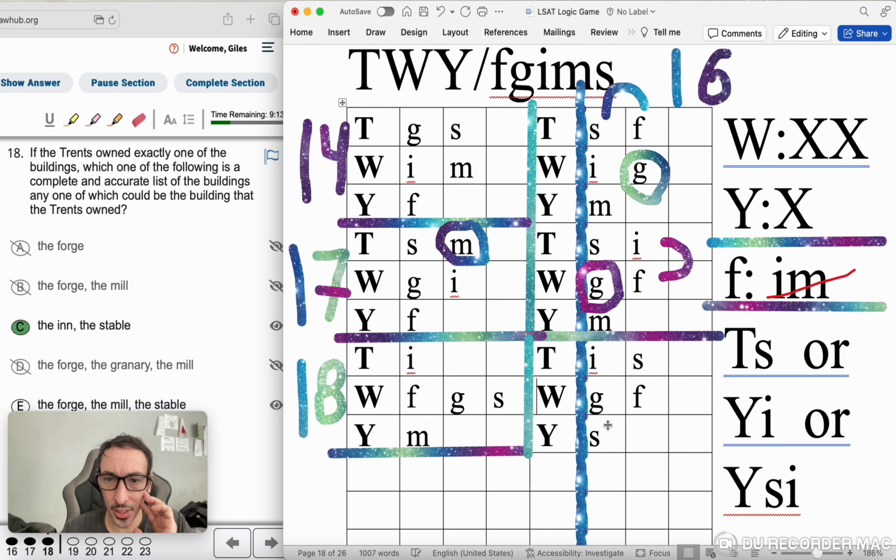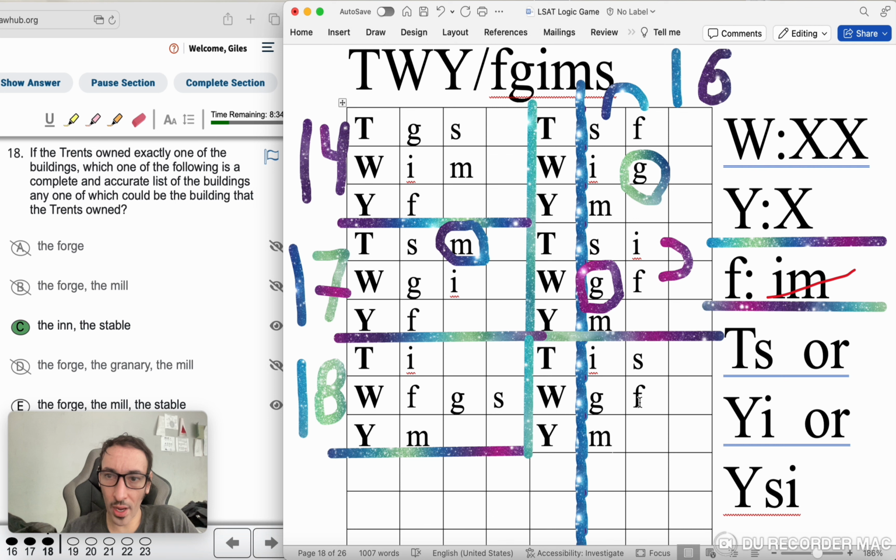I can't have two S's. That forces the variable M with Y. However, if that's the case, then you're going to have S and I with T, but then the variable M is going to be by itself with Y, and then you're going to have the position G and F in the middle.